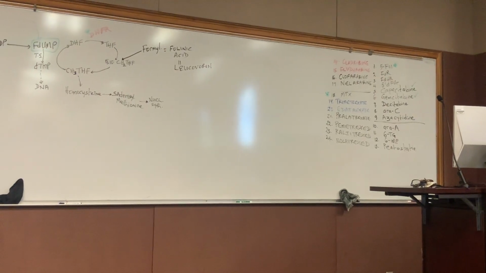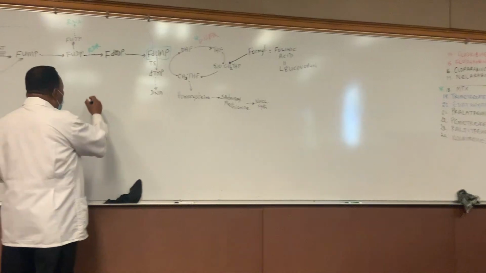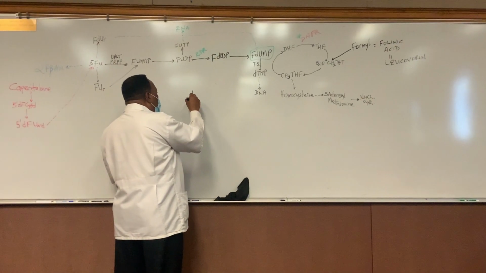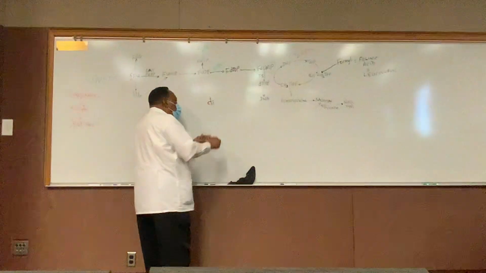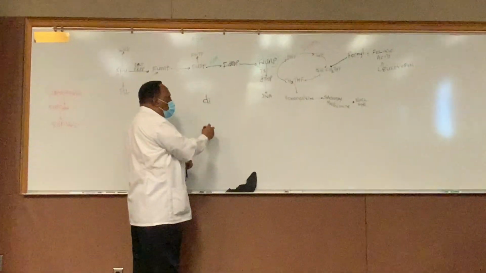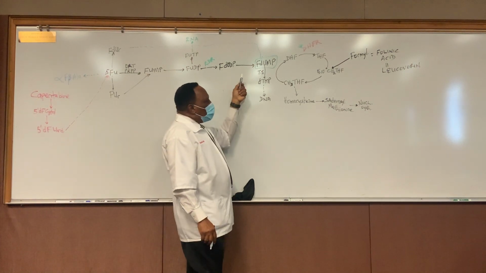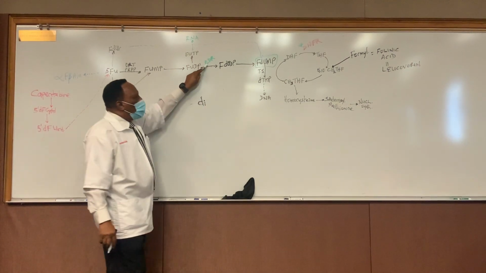It can be converted to the diphosphate form, and that gemcitabine diphosphate is the one that would inhibit RDR.